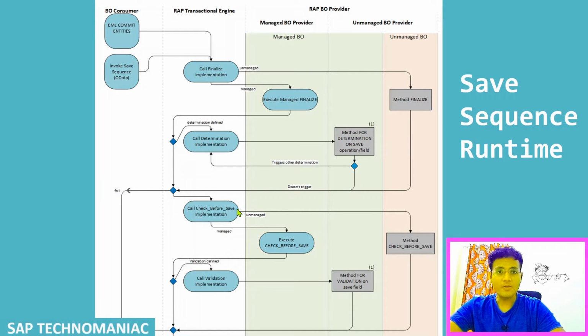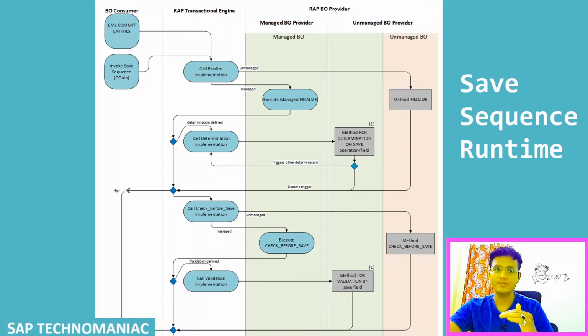This is the last step where we can make changes on our own. After that, the validation will also trigger, but in validation we can't make any changes. But in the check before save, this is the last method call where we can make some changes.